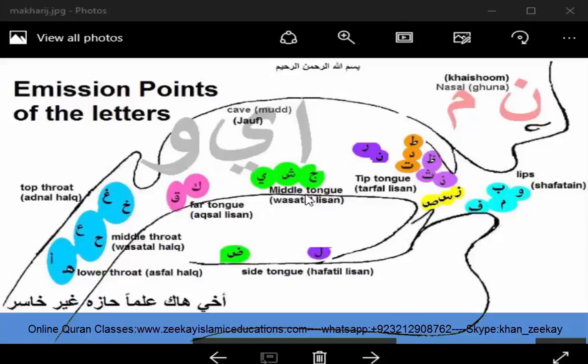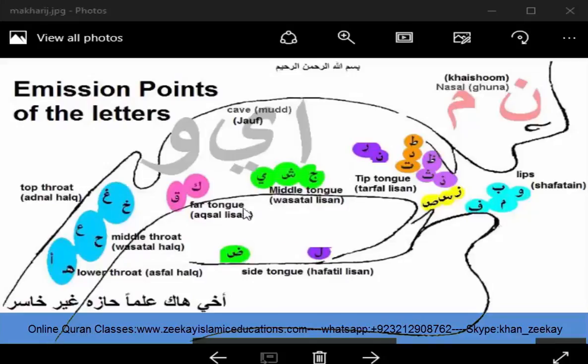So the middle tongue, known as Wastul Lisan, is the origin of jim, shin, and ya when it touches the palate. These huruf are known as huruf shajariya.